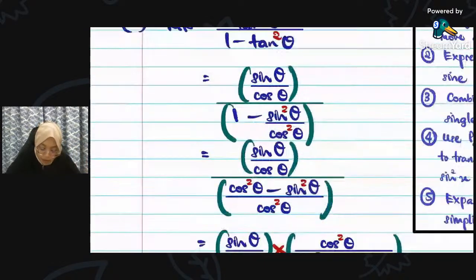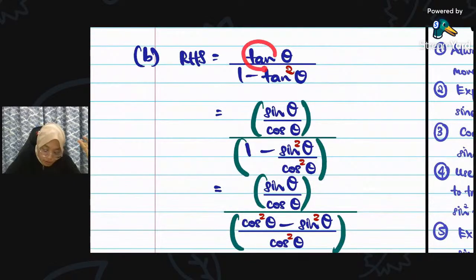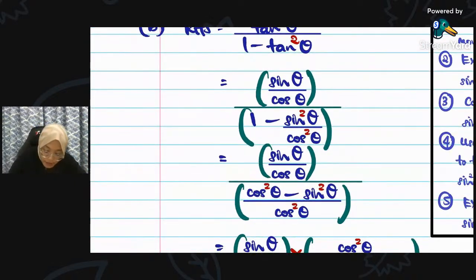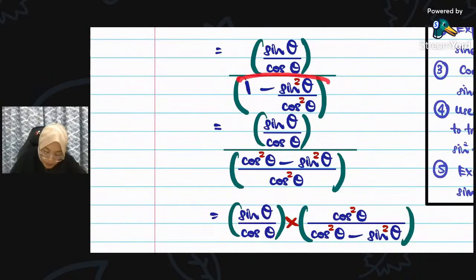Jadi cara paling senang adalah kita tukarkan tangent kepada sine dan cos, nanti senanglah nak selesaikan dia. So apa yang senang adalah mengenai yang ada dua terms ni, we make it single fraction. If you look at here, the denominator part here, I make it single fraction.